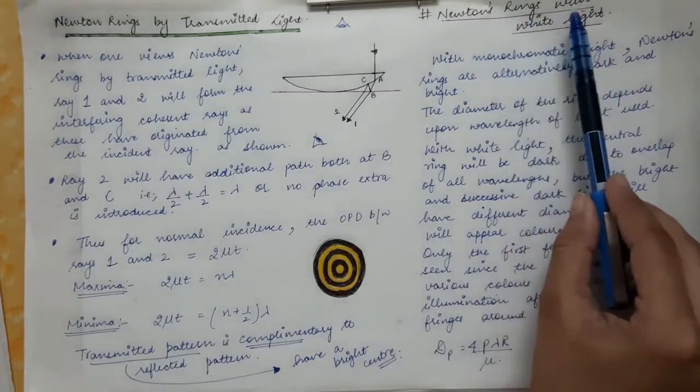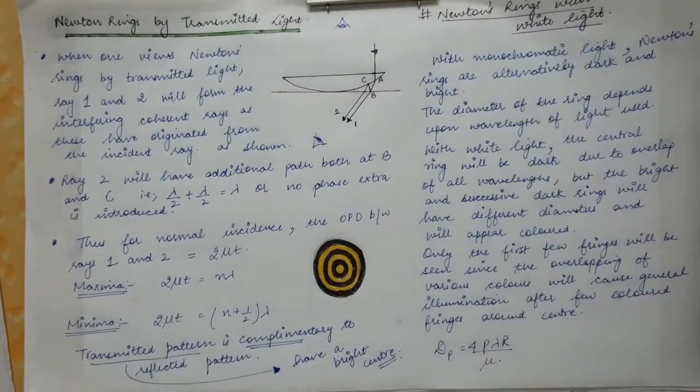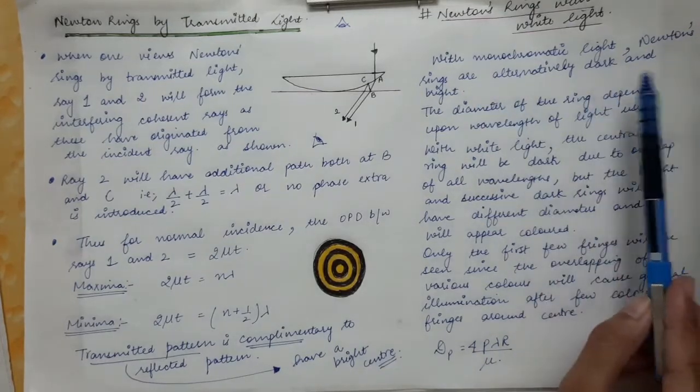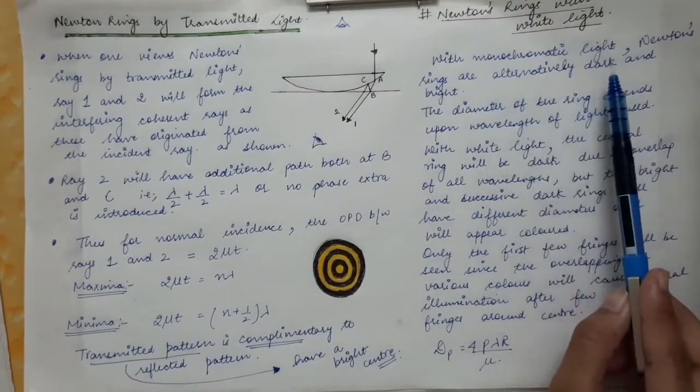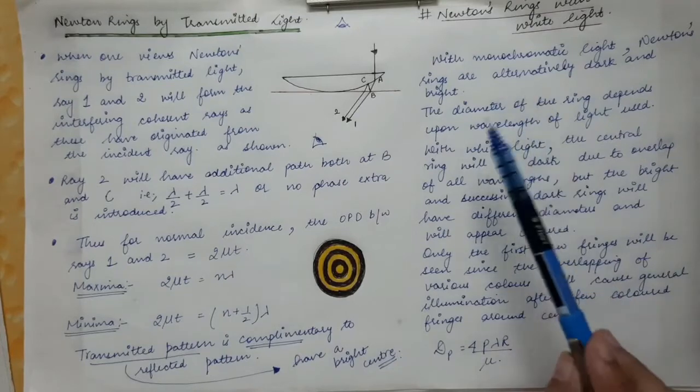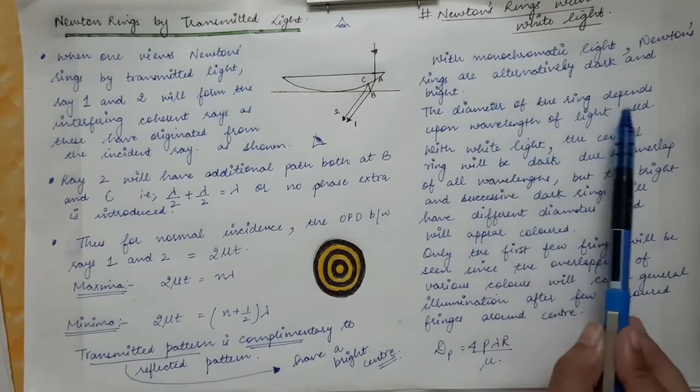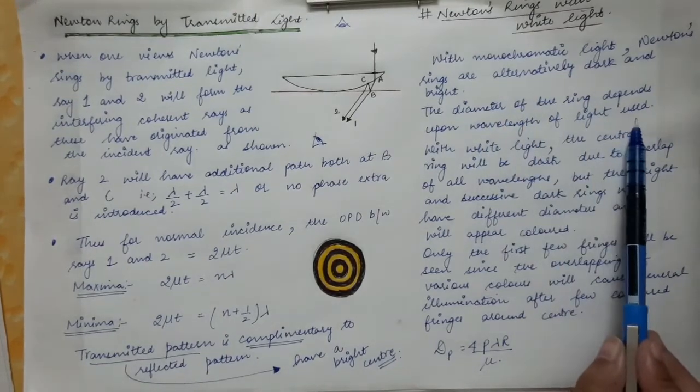Now the Newton rings with white light. Till now we have been doing only the monochromatic light source. So what is the pattern of the interference when the Newton ring experiment is done with the help of white light? With monochromatic light, Newton rings are alternately dark and bright fringes. The diameter of the ring depends upon the wavelength of the light used.